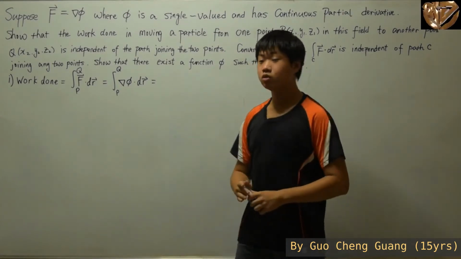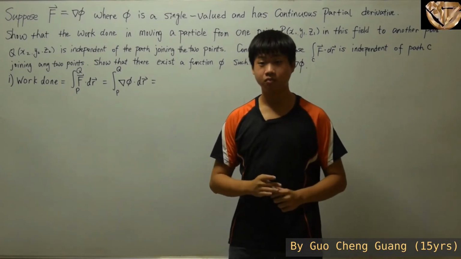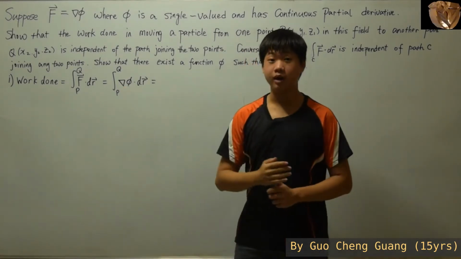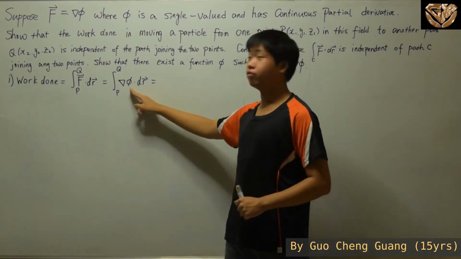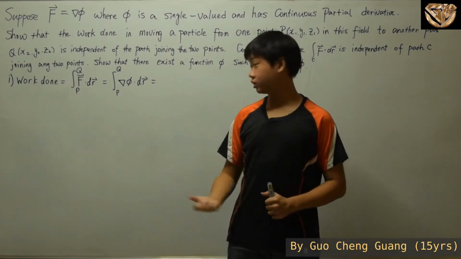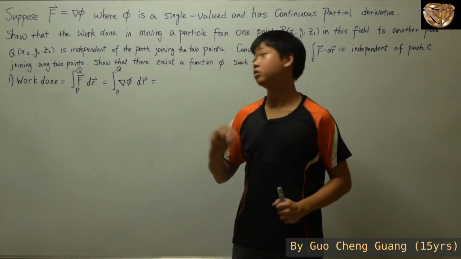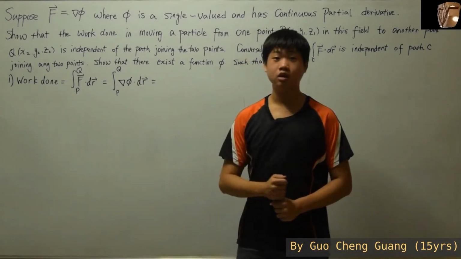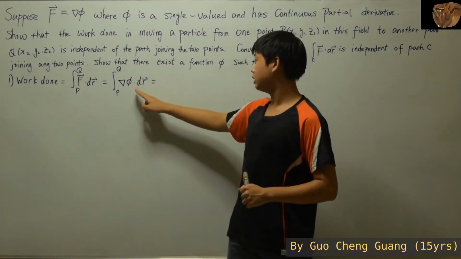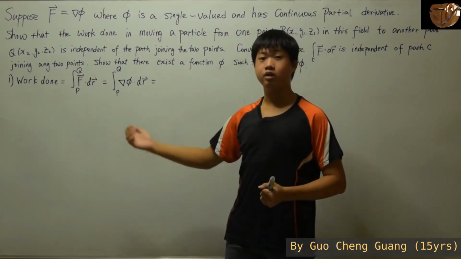So after you expand your del, then your phi, you can multiply inside, which gets you partial phi partial x, partial phi partial y, and partial phi partial z. Now afterwards, you just do a quick dot product, since dr vector will basically just be dx, dy, dz.